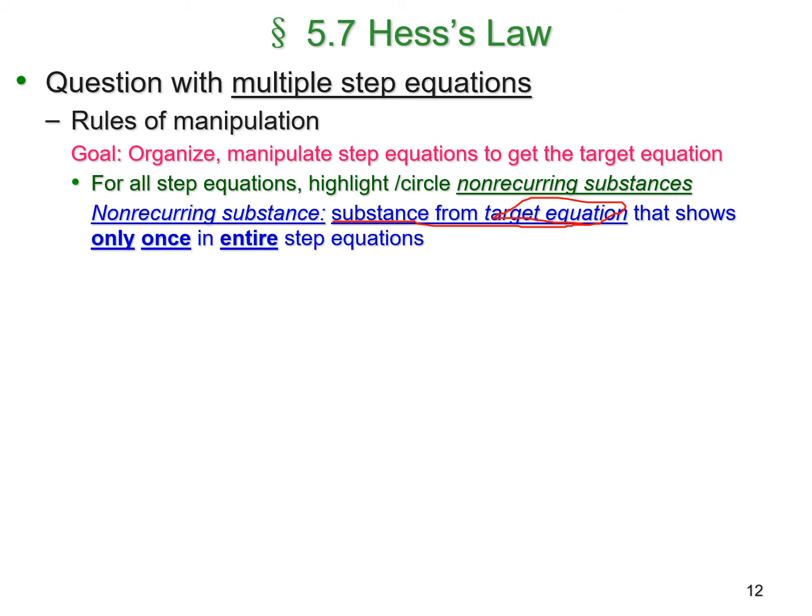And those substances must show themselves only once in the entire step equations. If we have two step equations, only once in both step equations. If we have three, in all step equations, only once. These are the substances we want to pick.